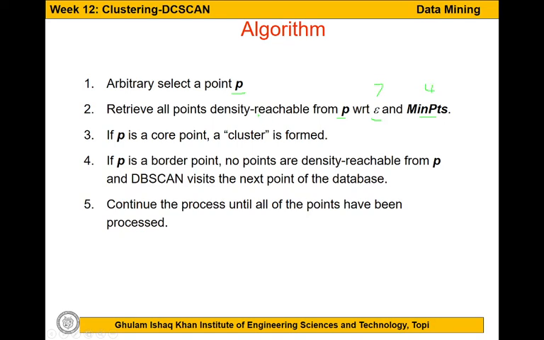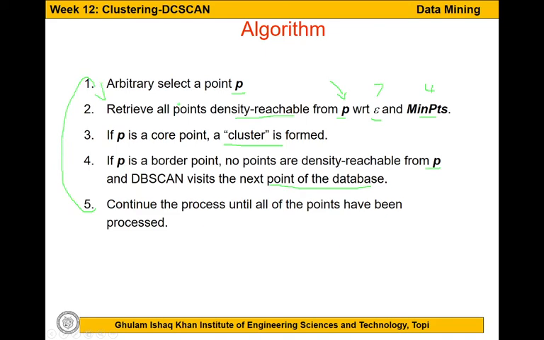So you will have to retrieve all points density reachable with respect to P. If P is a core point, a cluster is formed. If P is a border point, no points are density reachable to P, then DBSCAN will visit the next point of the database, and this process will continue until all points have been processed.